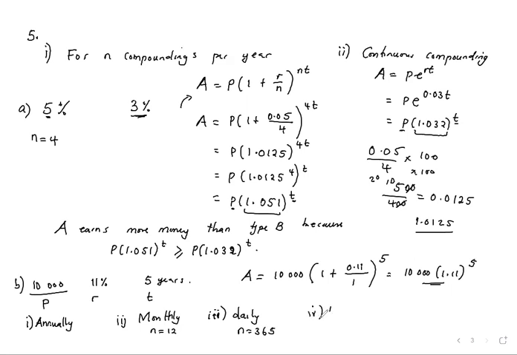So when they say hourly, you say 365 days multiplied by 24 hours. Your N then becomes 8,760. This is how your money is calculated when you're betting. It increases hourly or per second and decreases.